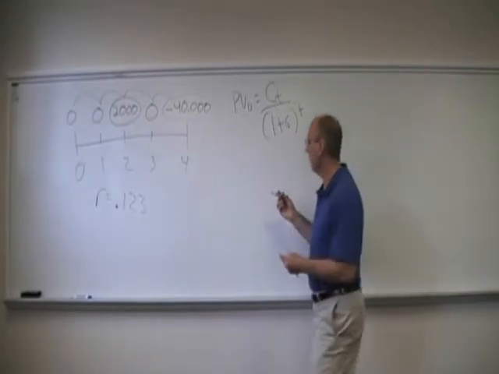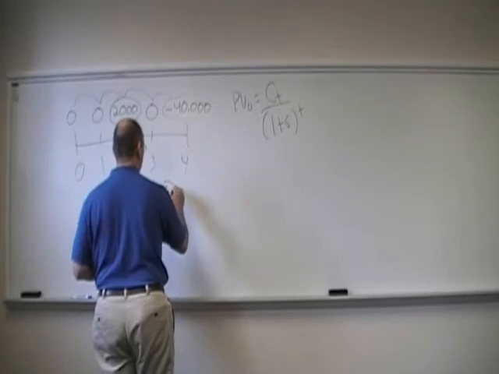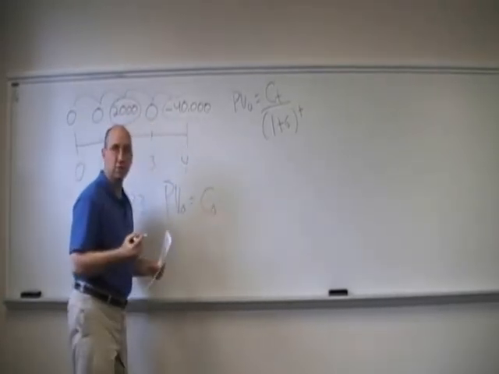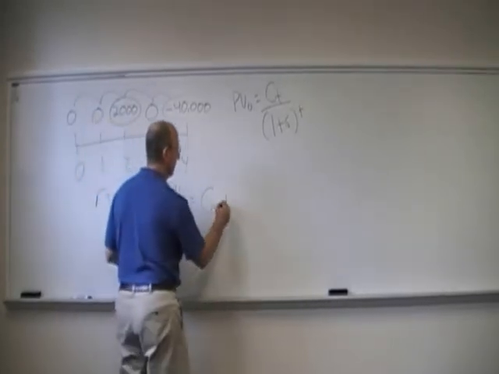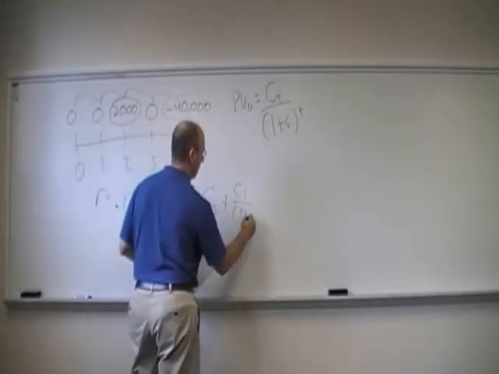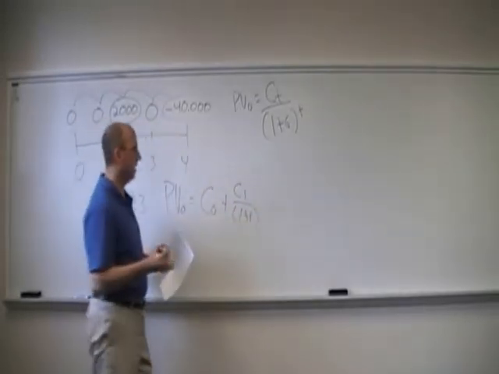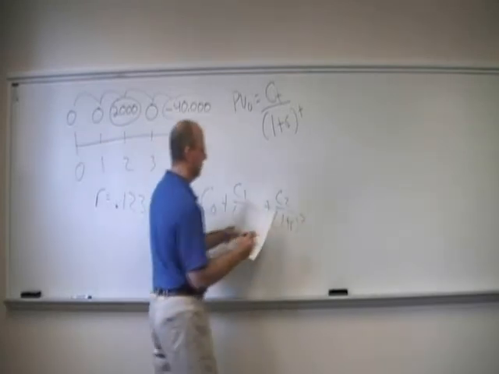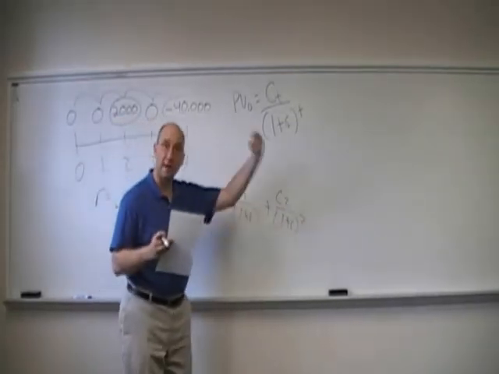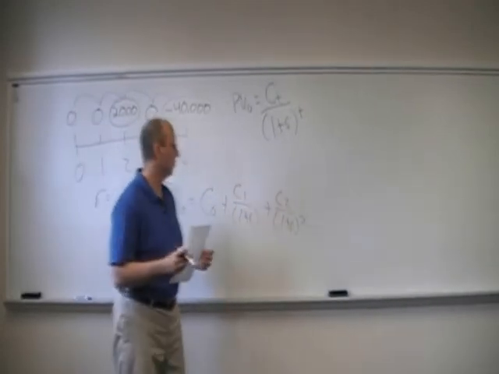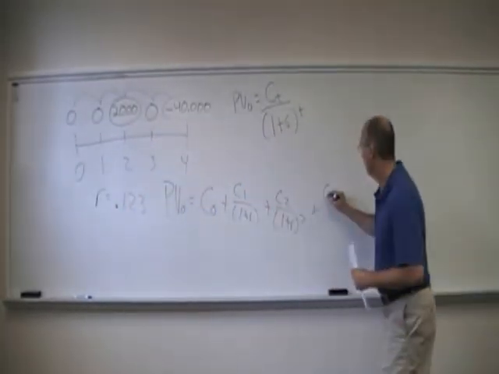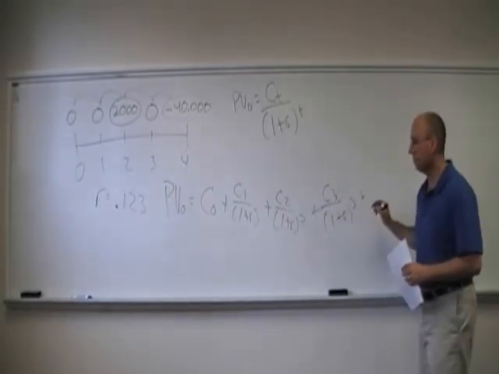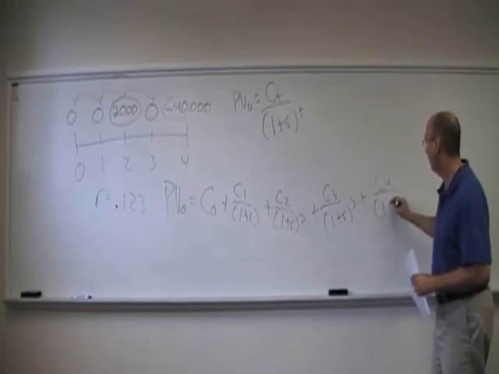When you have multiple cash flows, the present value today is simply the first cash flow, which needs no discount because it happens today, plus the present value of the second cash flow, divided by 1 plus the discount rate squared, plus the present value of the third cash flow, plus the present value of the fourth cash flow.